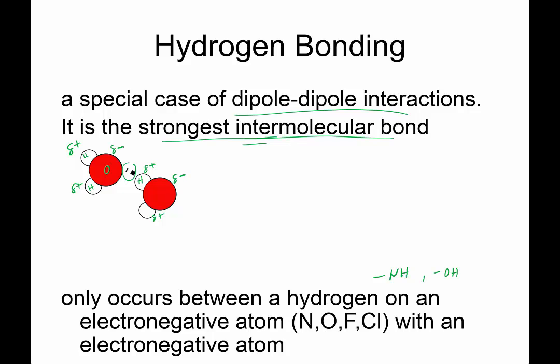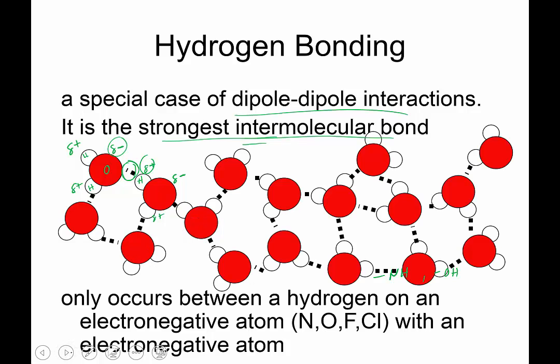So you get this attractive force between the two. If you have a whole cup of water, this will form a whole network of water molecules and hydrogen bonding. Each one of these individually has oxygen and hydrogen, negative and positive.